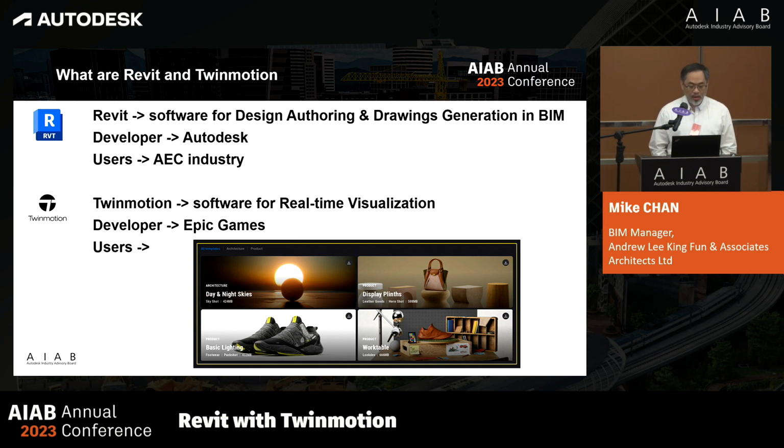The target user will be the AEC industry, which is the architect, engineer, and construction field. And Twinmotion, if you've heard of it, or if you haven't, is software for real-time visualization. The developer is Epic Games. And the user is not only for architecture, but also for product design.